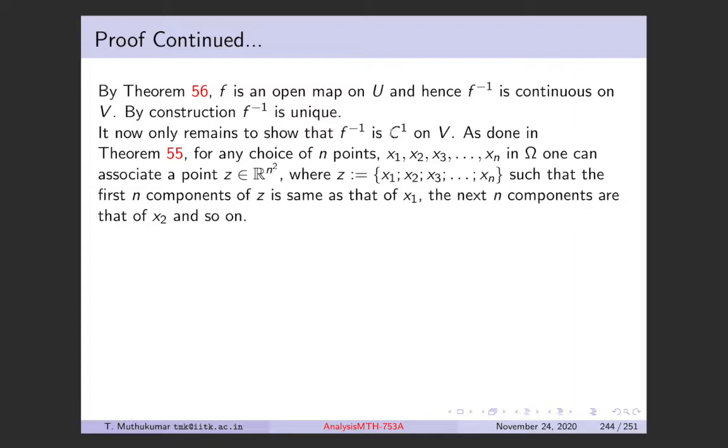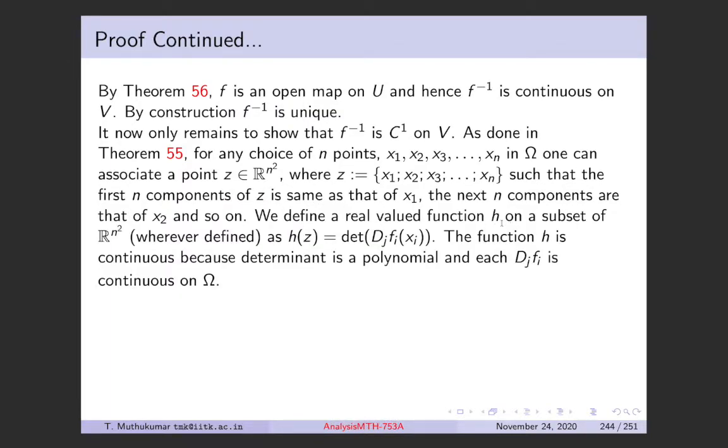F inverse is continuously differentiable. To prove that, repeat that argument. You take the z, which is a concatenation of these n-tuples, right? Now z has n squared elements. Now you define the function h on an appropriate domain, because you need to take the domain such that all these x's come from omega.